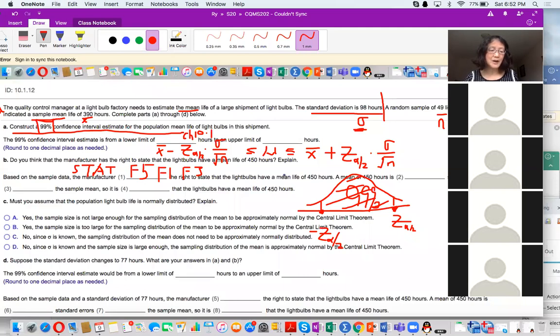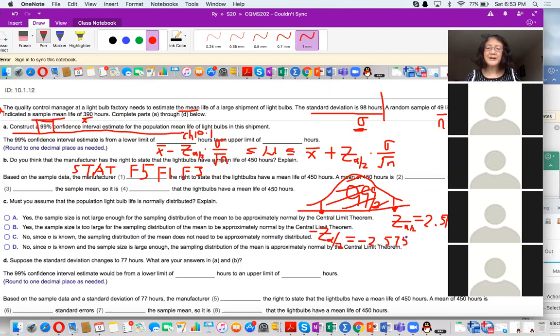Okay, sigma is 1, mu is 0. And then you press EXE and you will get negative 2.575, positive 2.575. So this Z half alpha is equal to 2.575. And this negative Z half alpha is negative 2.575.